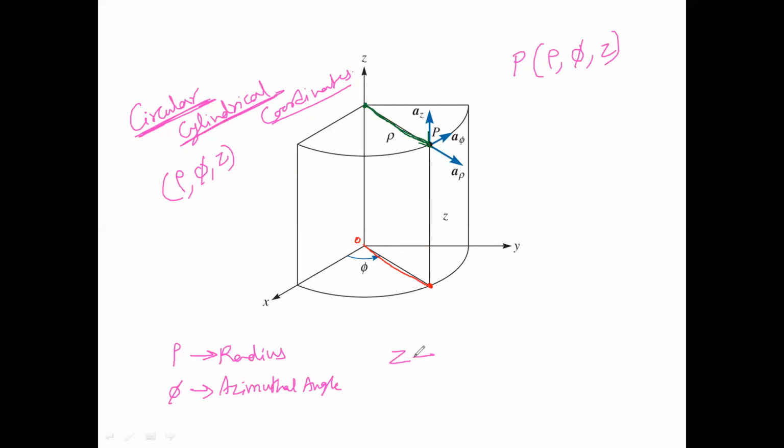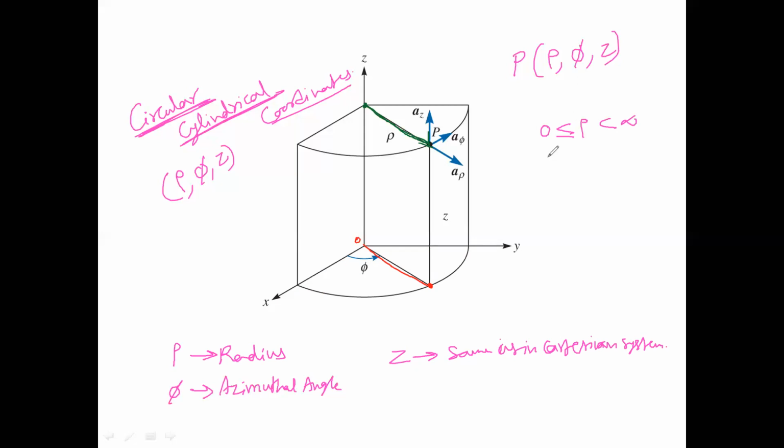Z is the same as in the Cartesian system seen previously. Now let's look into the ranges. The first coordinate, rho, is the radius of the cylinder, 0 less than or equal to rho less than infinity.